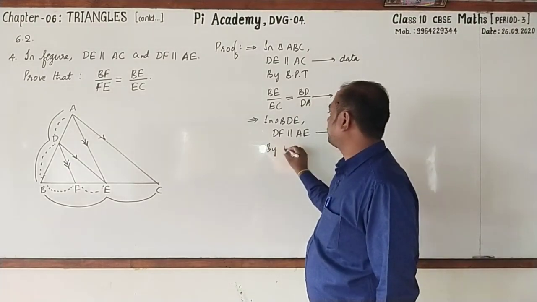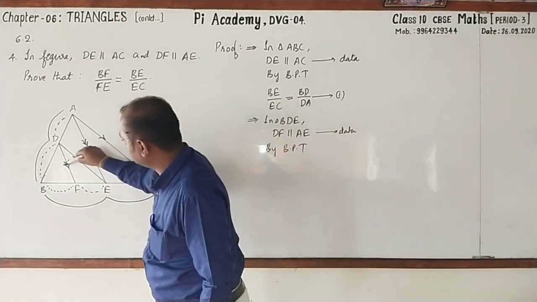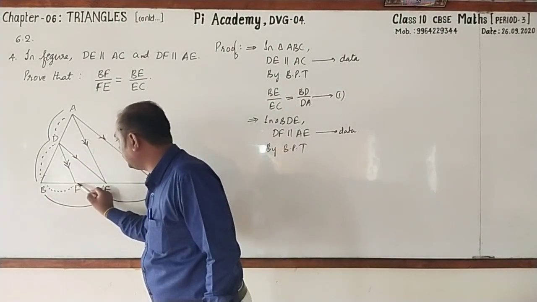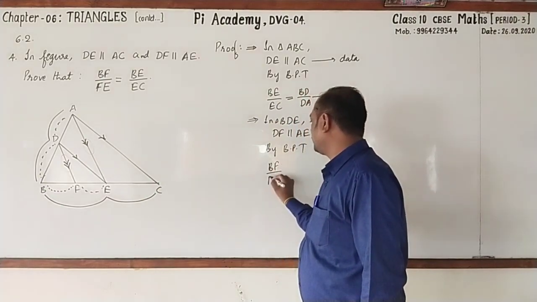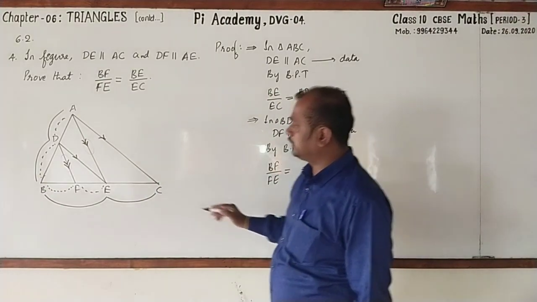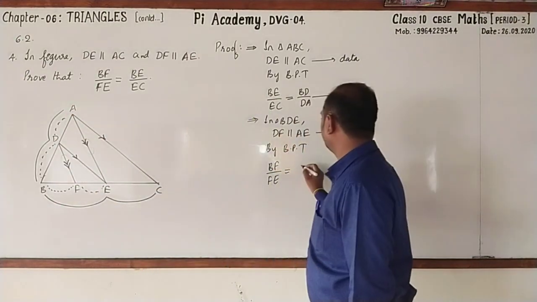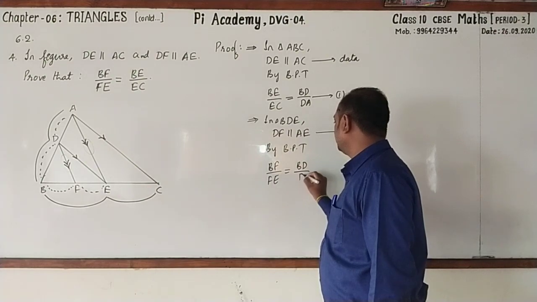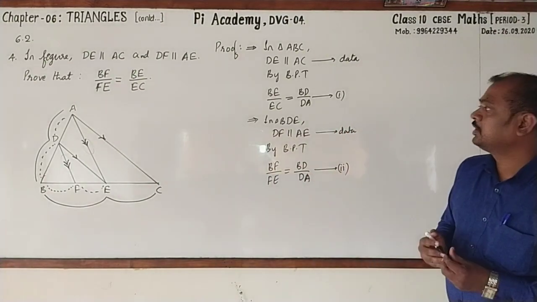Again, we can apply the basic proportionality theorem. How do you write? If these two are parallel, we can write BF by FE, BF by FE is equal to BD by DA. BD by DA. You may call it statement 2.